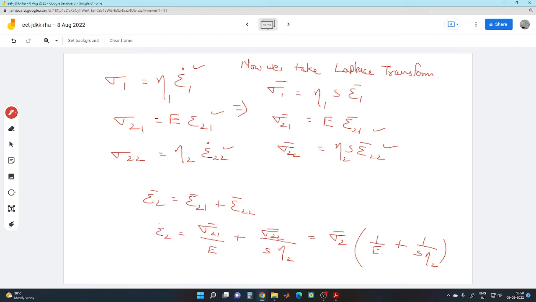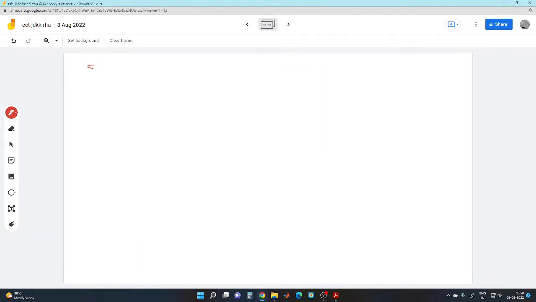So this epsilon 2 bar can be seen as this value. So we will write it again. Epsilon 2 is equal to sigma 2 bar, actually 1 upon E plus 1 upon s eta 2, which can be further simplified as s eta 2 plus E upon s eta 2 E.